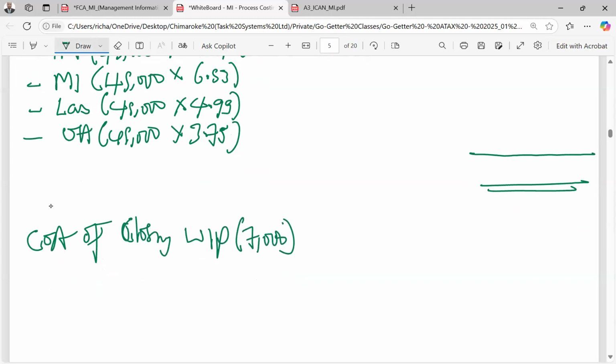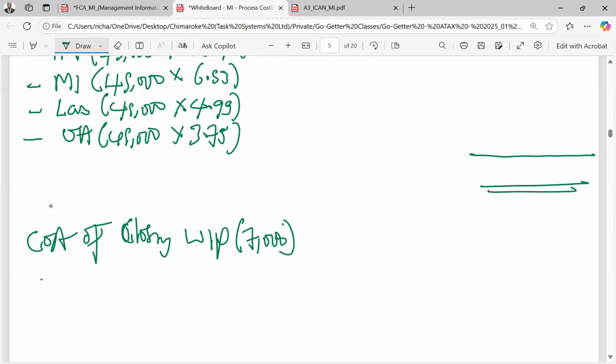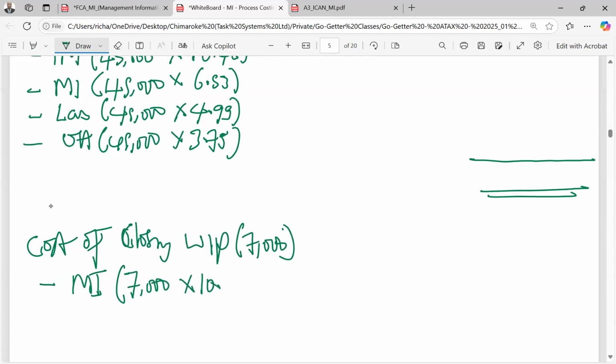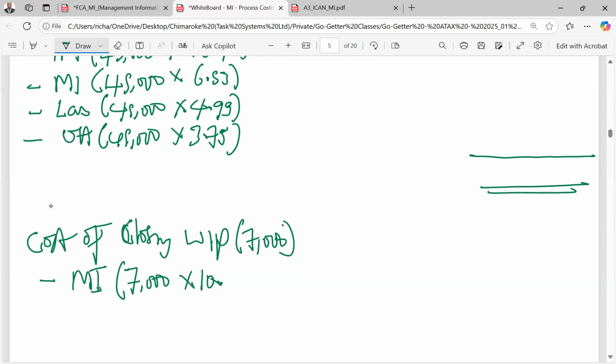So if you can remember, for input material, we said it was 7,000 units multiplied by 10.42.